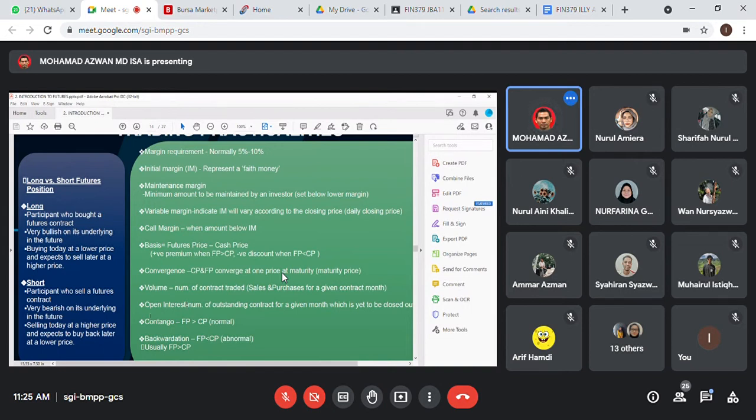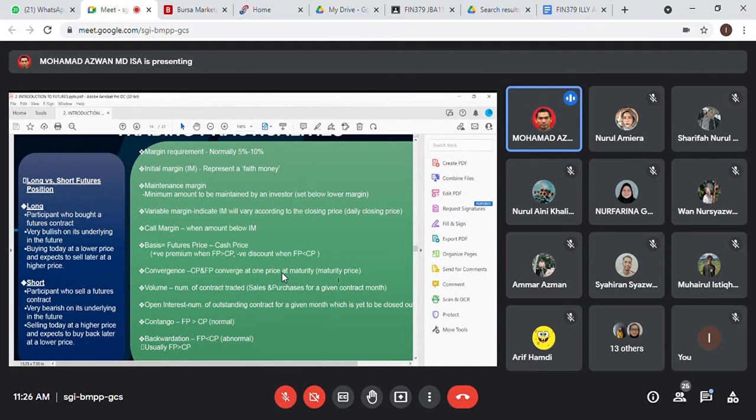Okay. And then in the contract, in the November contract, okay, katakan FCPO contract or FKLI contract, there are many buyer and seller. Katakan ada 1,000 buyer and 1,000 seller of the November contract. Okay. So altogether we have 2,000. Okay, 1,000 buyer and 1,000 seller of the contract.